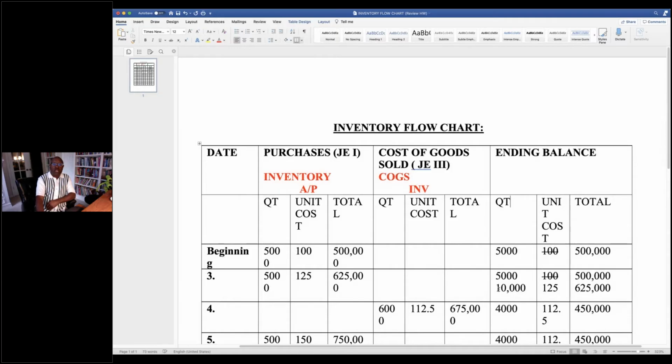You add the quantities, then you're going to add the dollar amount. So this shouldn't be 625. What should it be? Wait a minute. Okay, I kind of see what you're doing.